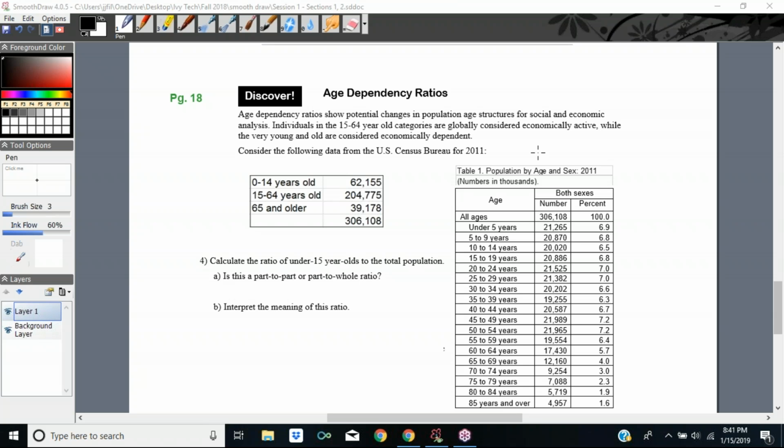All right. And so when we think about dependency ratios, let's say a child dependency ratio was 0.2 to 1. So it would be 20 hundredths if we say that number correctly.